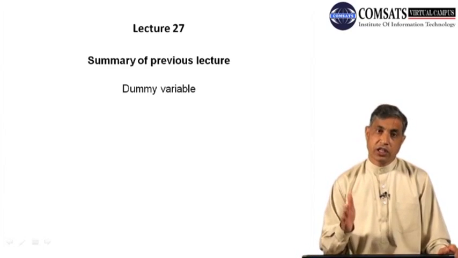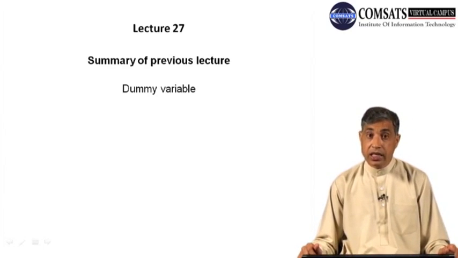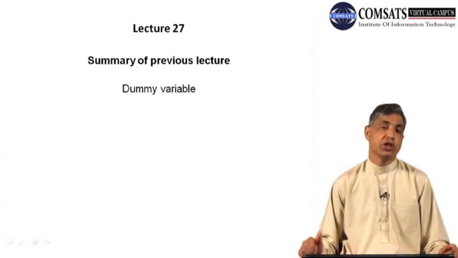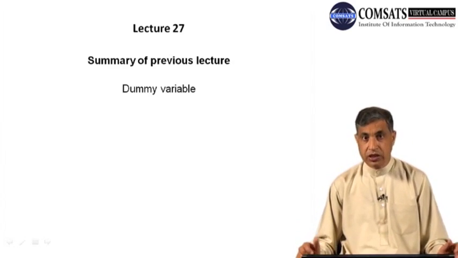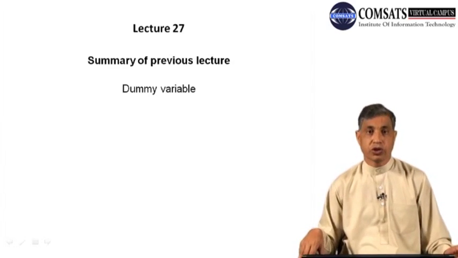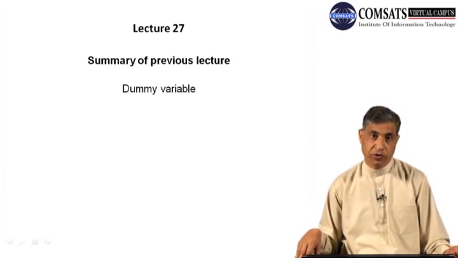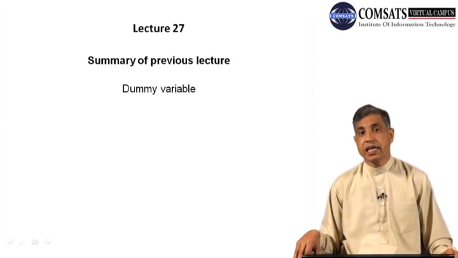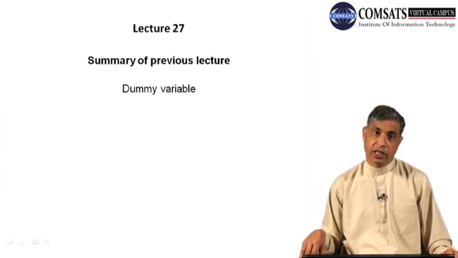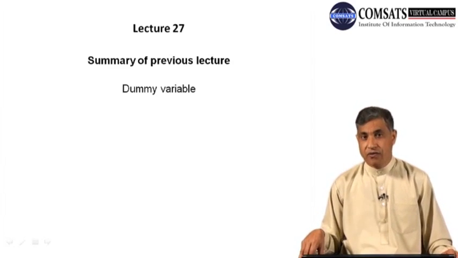The most critical discussion was that there is a dummy variable trap. What this means is that we should introduce m-1 dummies into the model. If there are 3 categories, we will be using only two dummy variables, and if there are 10 categories of a variable, then we will be introducing 9 dummy variables.